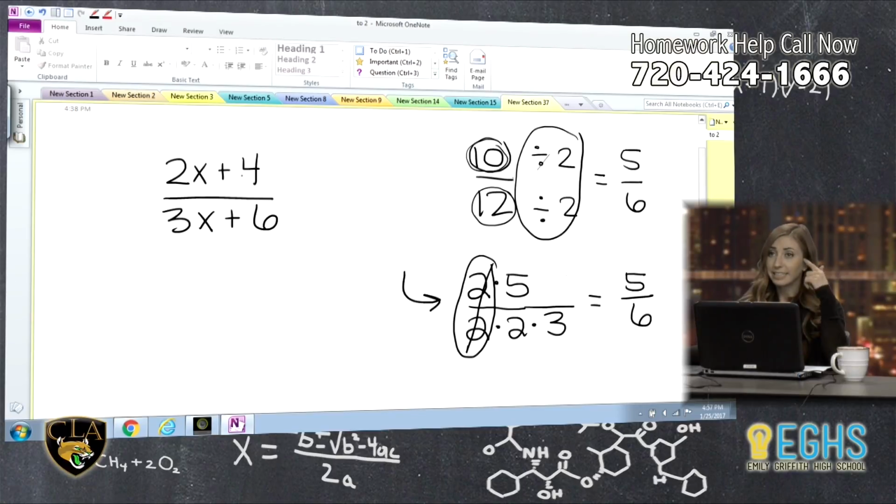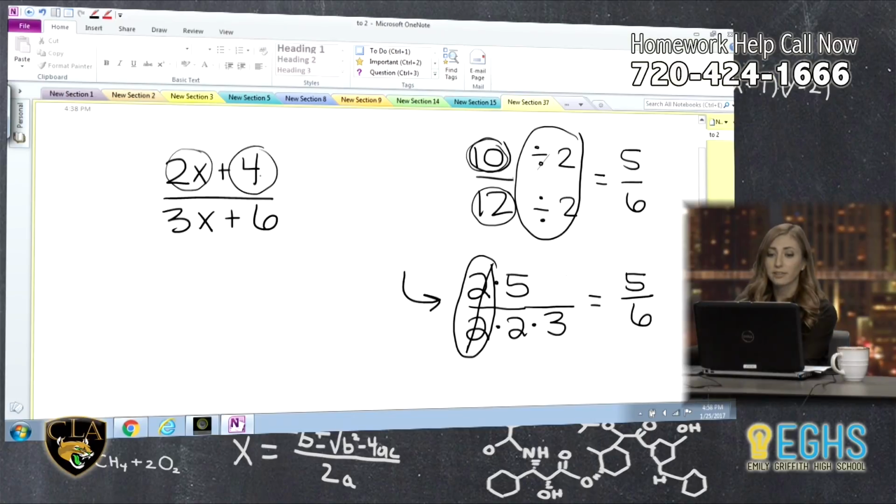That's the idea we're going to use with this rational expression: factor it first and then eliminate factors that are the same on the numerator and the denominator. One strategy to factor is looking at all of your terms and finding something common between them that you can divide them all by.